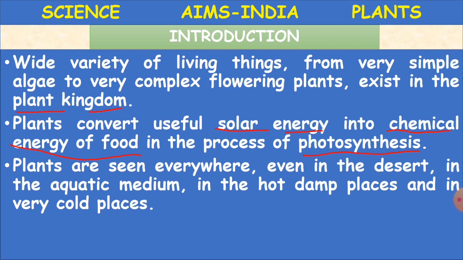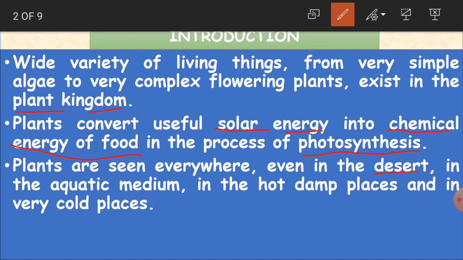Even we can see them in deserts, where there is no rainfall and water scarcity, and in the aquatic medium, that is water areas like ponds, lakes, rivers, seas, all of which come under aquatic medium.